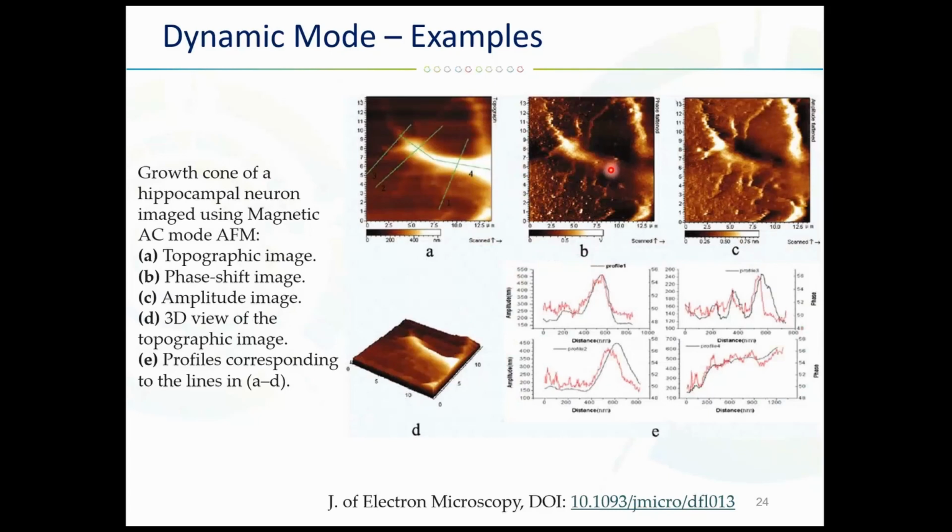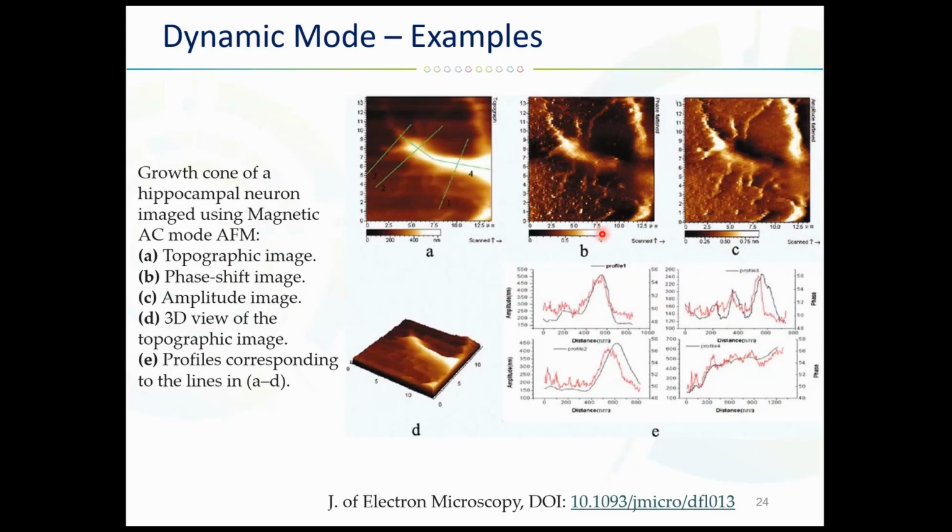And here you can see the growth cone of this neuron. The growth cone is associated with the growth of synapse. And this is the 3D image of this process.